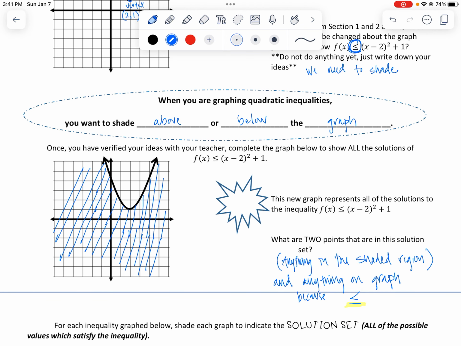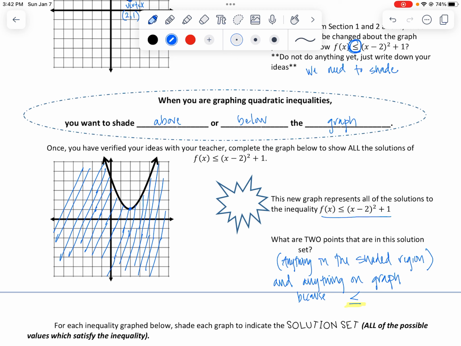So here's the graph of f(x) less than or equal to (x - 2)² + 1. The vertex is still at the point (2, 1). Still the exact same parabola, opens up, etc. Now, with this new graph, what do we need to change about the graph to make it accurate?